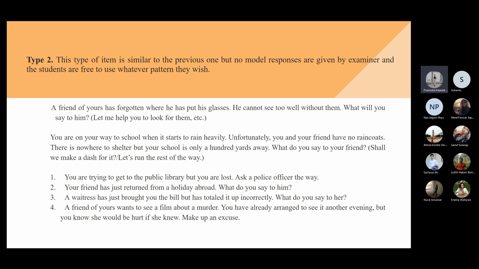There is nowhere to shelter, but your school is only 100 yards away. What do you say to your friend? And then the answer can be, shall we make a dash for it? Or maybe let's run the rest of the way. So these are the other questions of this type 2. So let's take a look at the next slide, type 3.